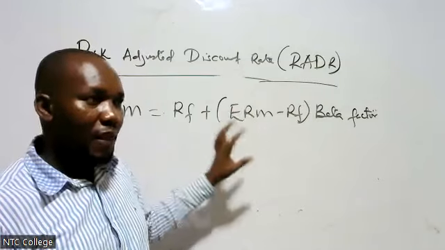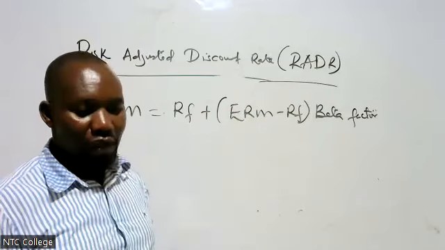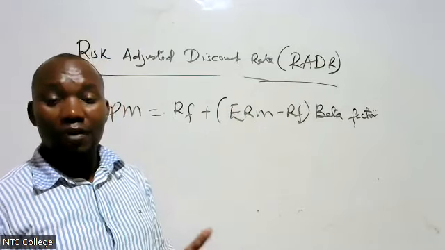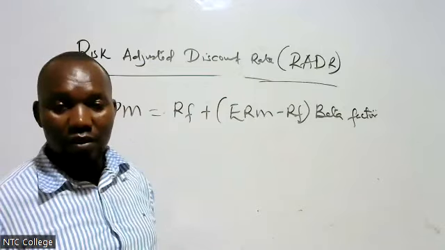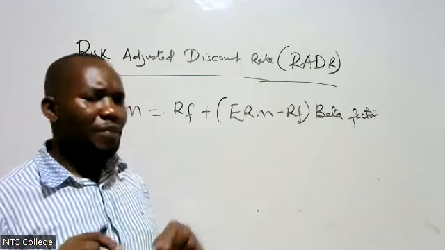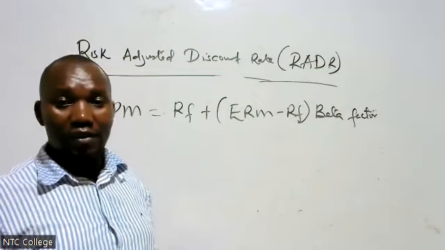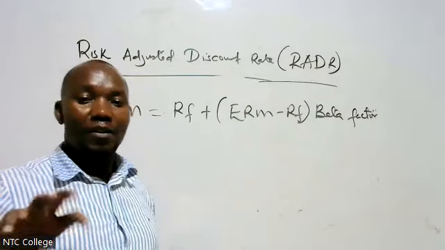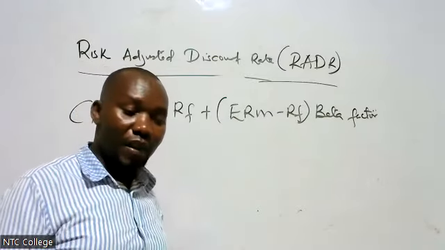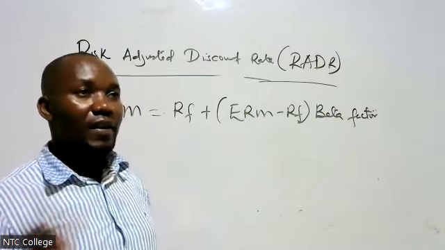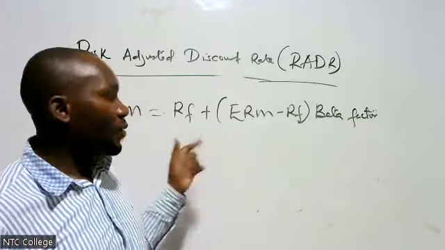Beta is a risk that cuts across, like political risk, inflation, taxation. Taxation depends on which tax. Housing levy is now cutting across. Turnover tax can affect some industries and not others. VAT can affect others, but not all of them. So that is an example.